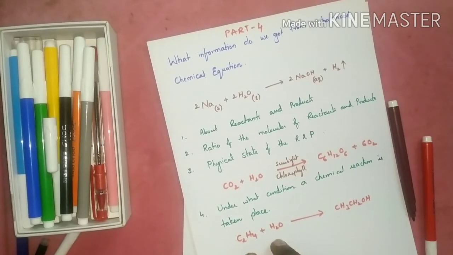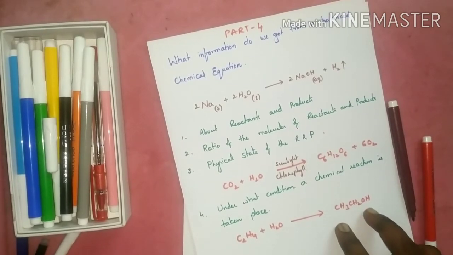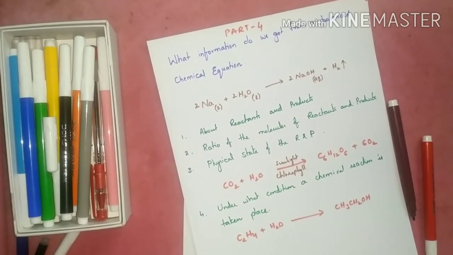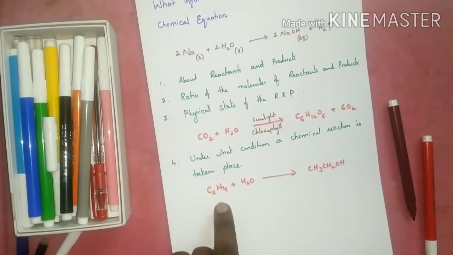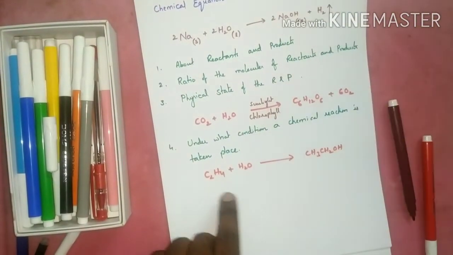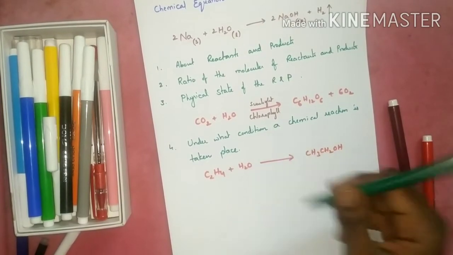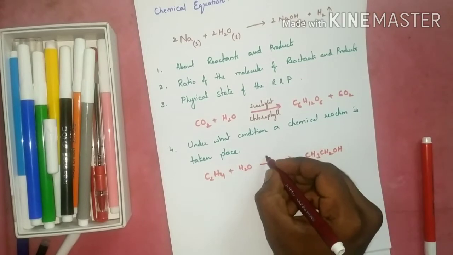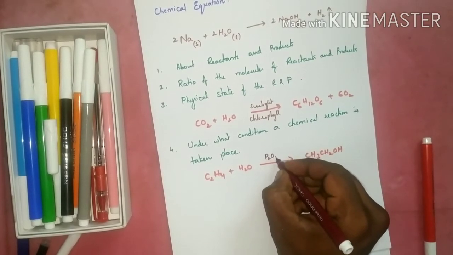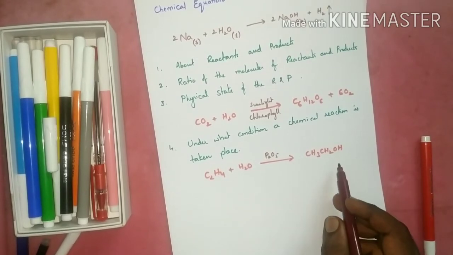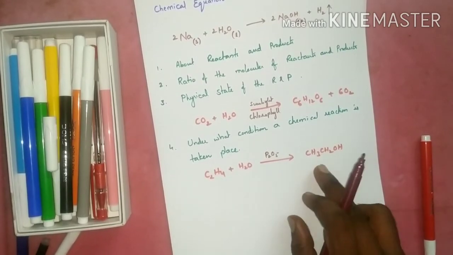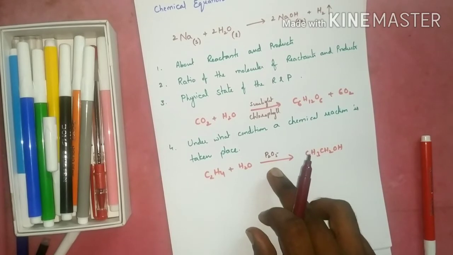And this reaction will never take place in normal conditions. If you take some ethene and add it to water, you never get ethyl alcohol. So what is needed? You have to add P2O5, phosphorus pentoxide. It is neither a reactant nor a product. We should say it is a catalyst.